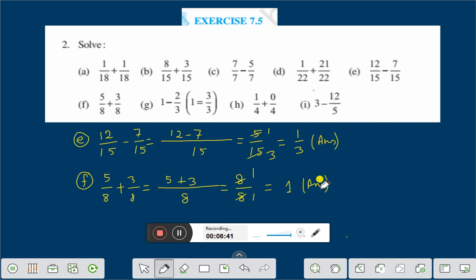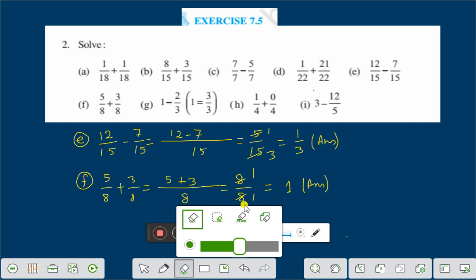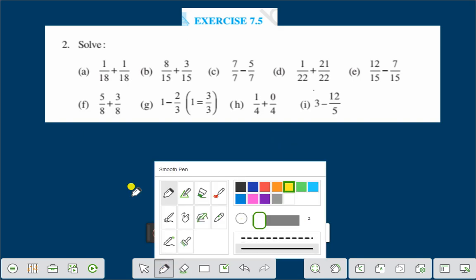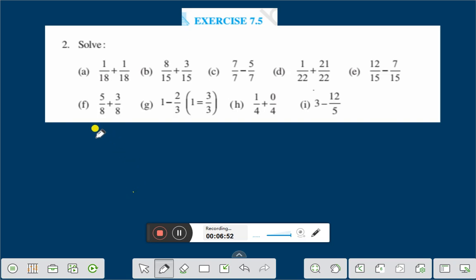Now let's solve question number G. Question number G is 1 minus 2 by 3.